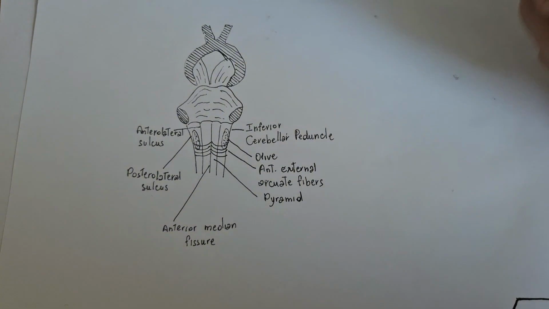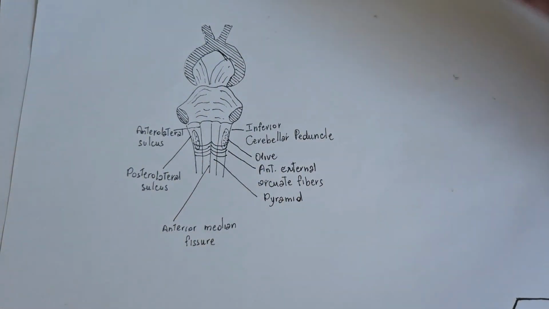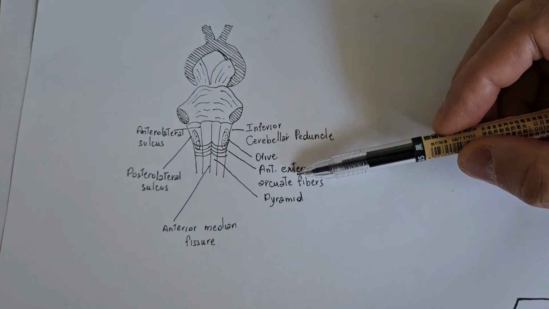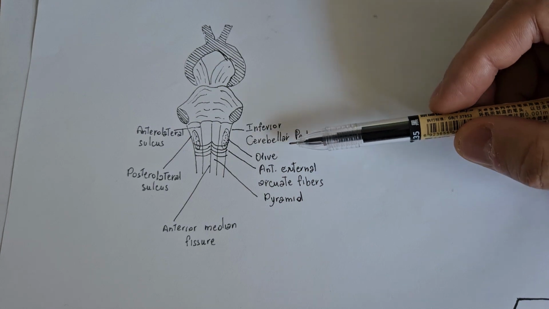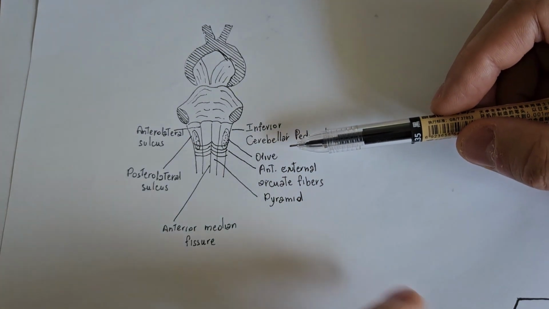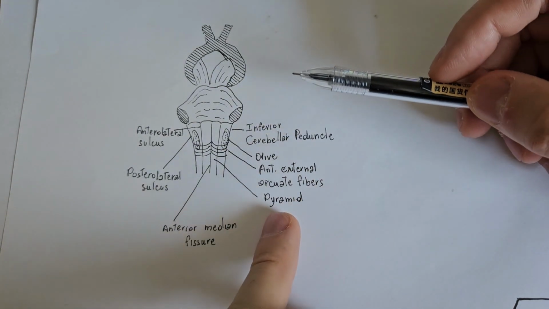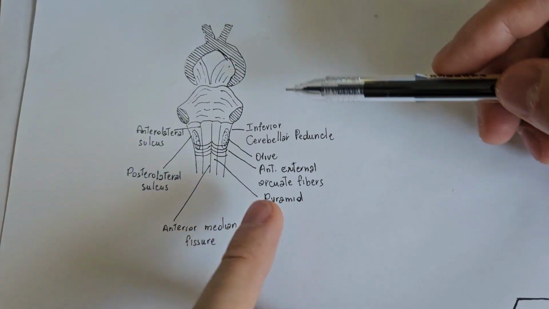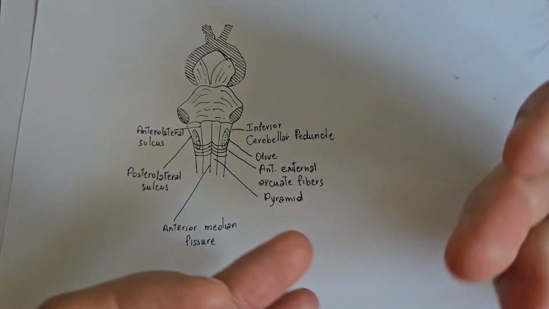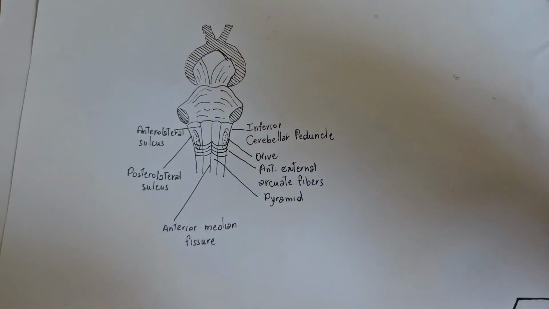Okay? So what else? We have the anterior external arcuate fibers, and these fibers will run across the surface of the olive.